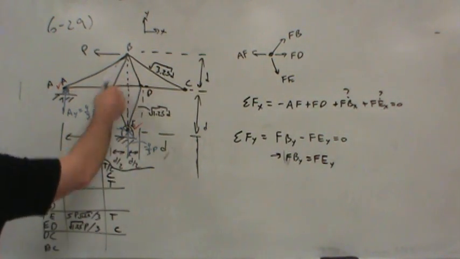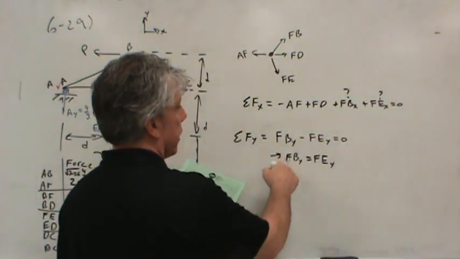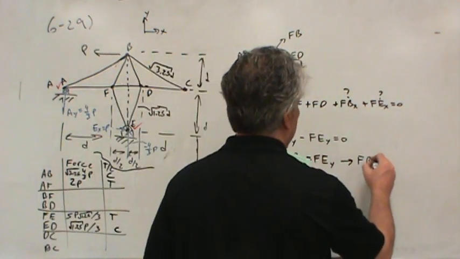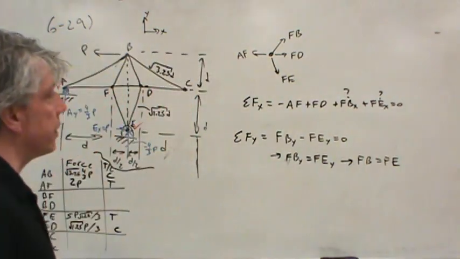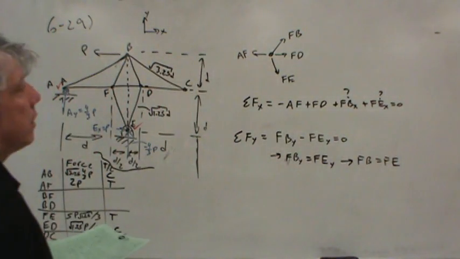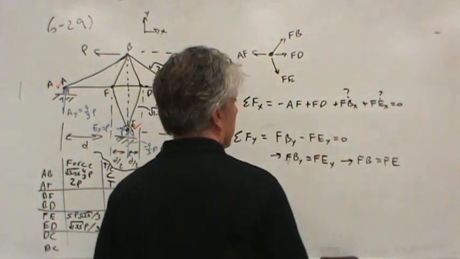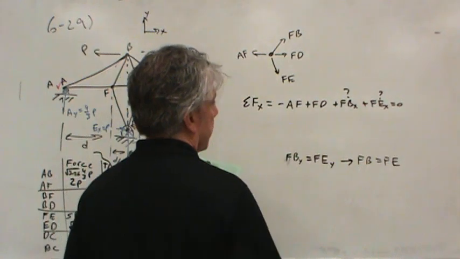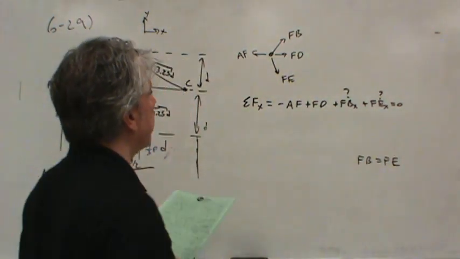The angles and the dimensions and everything are the same. So if we took the y component here, the factor would simply cancel. So FB is equal to FE. So whatever the magnitude is, those two are the same. So what that means is the horizontal components will also be exactly the same. The only purpose of the y component equation, as far as we're concerned, is to show that FB and FE are equal to one another.